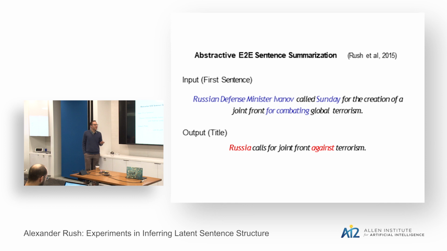But I'm really excited about all the phenomena of language where you don't say exactly the same thing. So like metonymy, Russian Defense Minister Ivanov, you'd really like to output the word Russia. That's like a natural way of summarizing it. But copy mechanism is never going to get us there, right? And so I think what's really exciting about the ability to generate arbitrary words is we can represent these phenomena that go beyond just selection. So that's all I'm saying there.